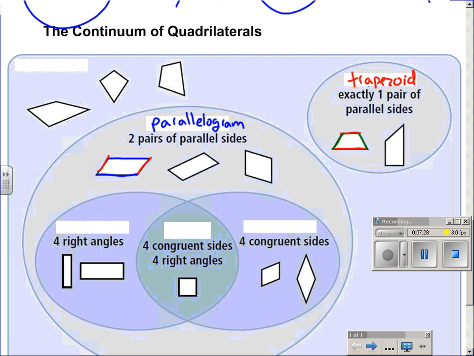Inside of parallelograms, it gets even more special. So kind of over here, which look kind of familiar, is a rectangle. So all the angles are 90 degrees. They're right angles. You could also say that a rectangle is a parallelogram and a quadrilateral. Then over here on the right, a little more special is that all the sides are equal. So it's a parallelogram, but all these sides have the same measures.